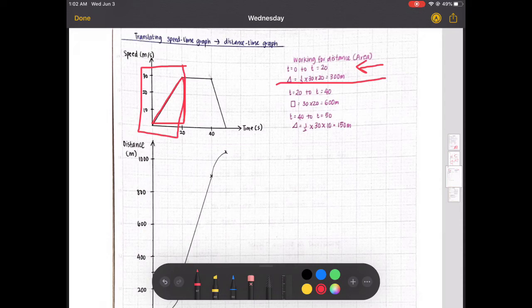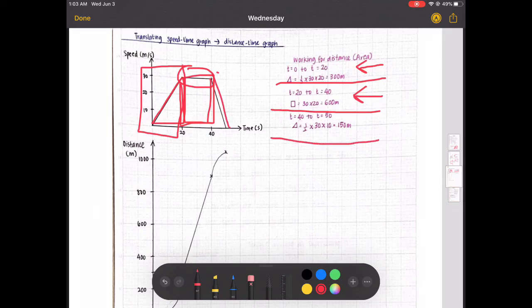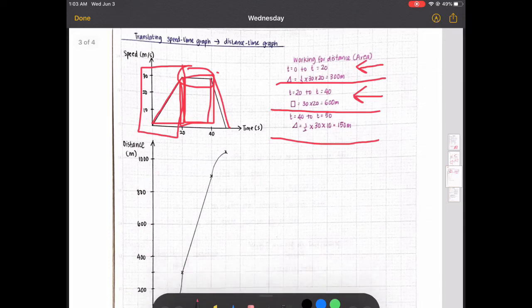And then we'll find the area for the next part of the graph. If you look under the graph, it will be a square, sorry, it's a rectangle. So a rectangle is base times height. So I have 600 meters. And then finally, this downward slope, which I found here, is 150 meters.